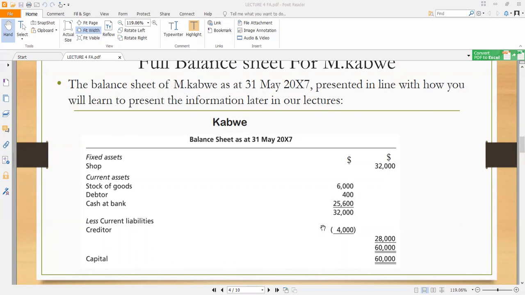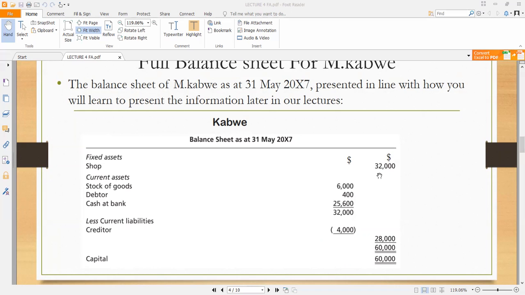Firstly, we remember that our case was that the owner of the business bought a shop at $32,000. Out of 60,000, he bought a shop at 32,000.